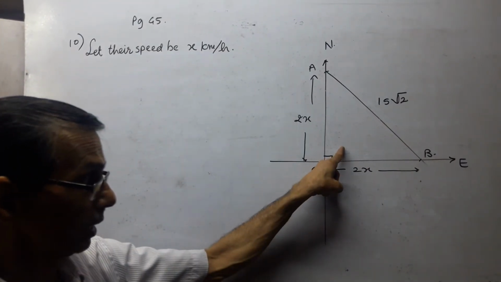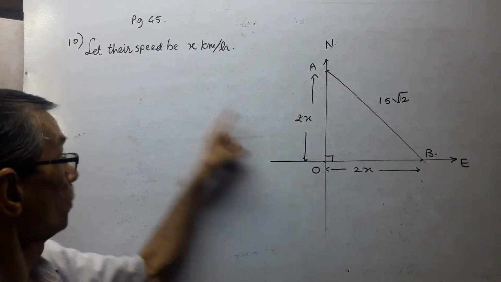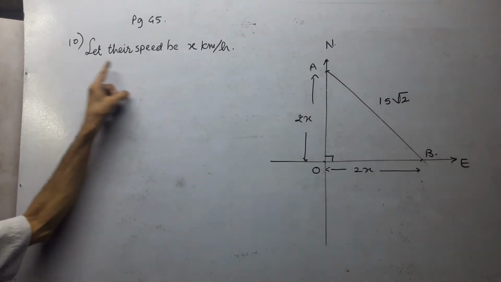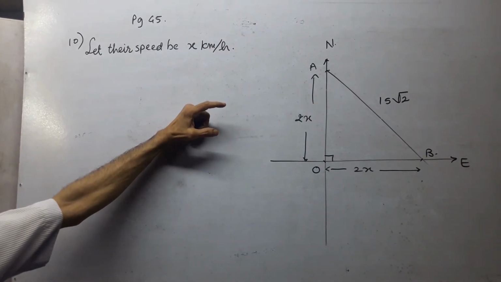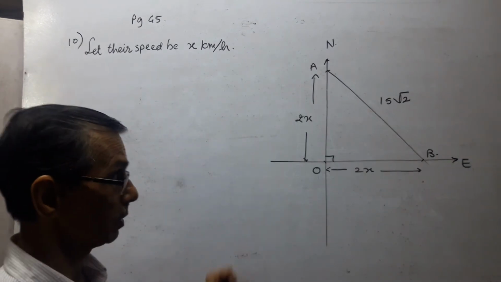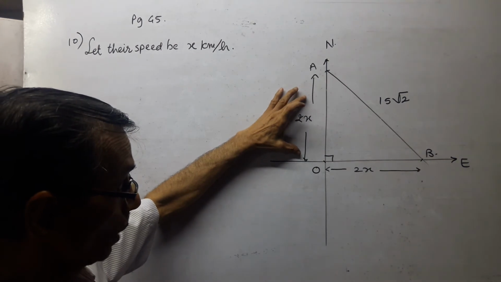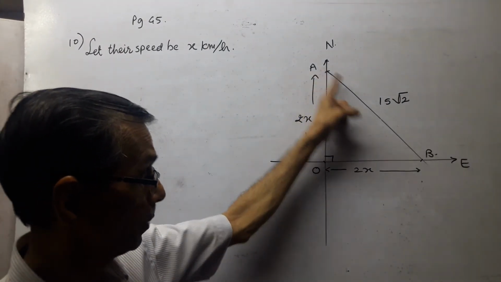Of course, they are at 90 degree, and they walk with the speed x kilometer per hour. They asked to find the speed, and therefore let us take the speed as x kilometer per hour. Achha, both walked 2 hours. So in 2 hours, each one of them will walk 2x kilometer.